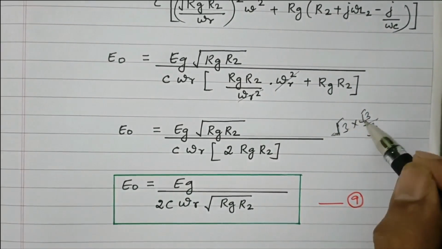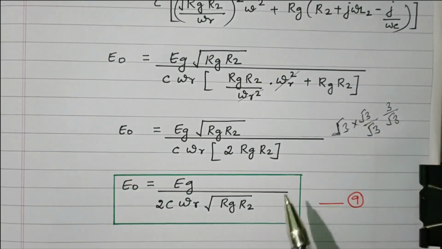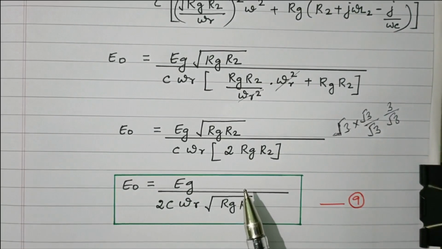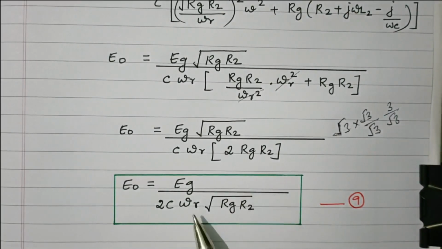So root 3 into root 3, 3 divided by root 3. So based on that we can have this formula, right? Square root of Rg R2. So finally we have Eg divided by 2C omega r into square root of Rg R2. So take this as equation number 9.